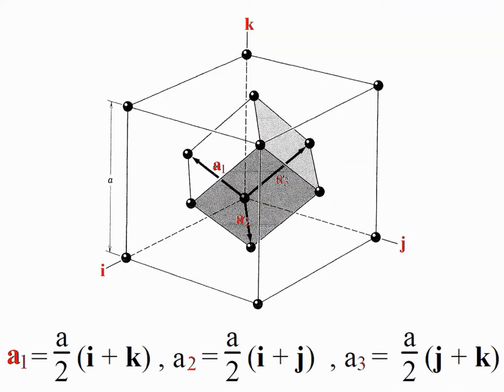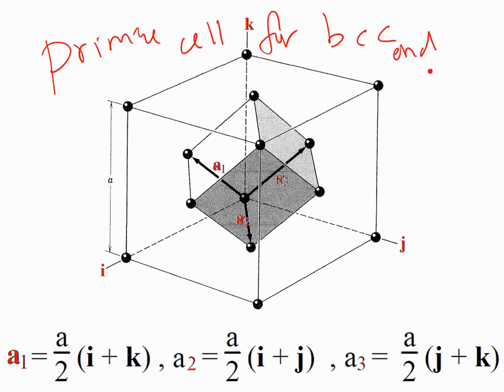Remember, in the first or second chapter, I can't remember, but in an early chapter, I taught you how to find the primitive cell for BCC and FCC, right?